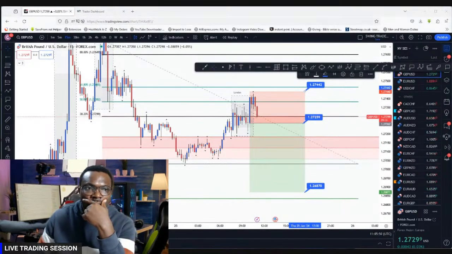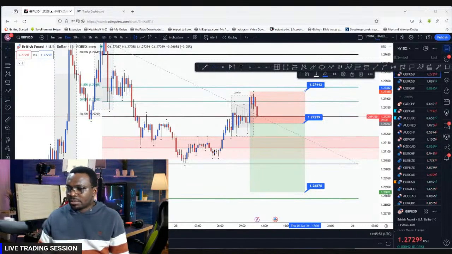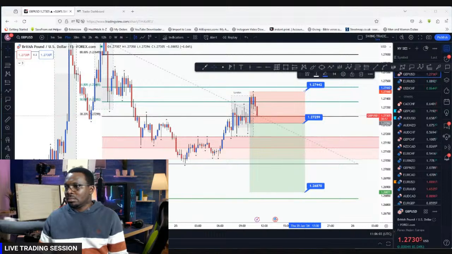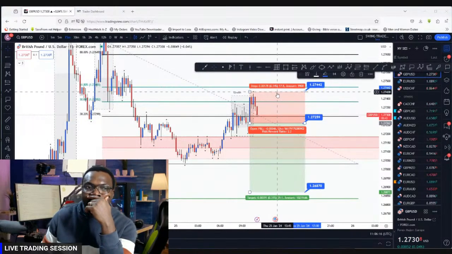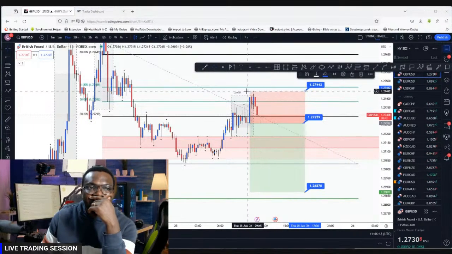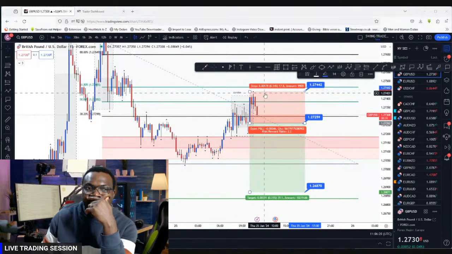Okay. All right, we can see price is pushing down to that zone. So that will be like you have 17 pips stop loss, 17 pips.